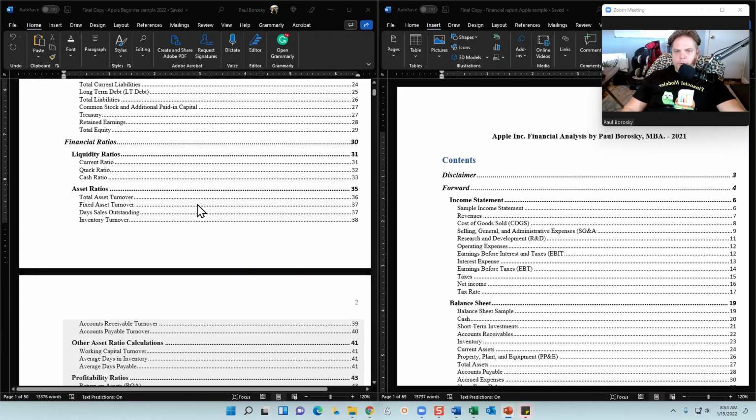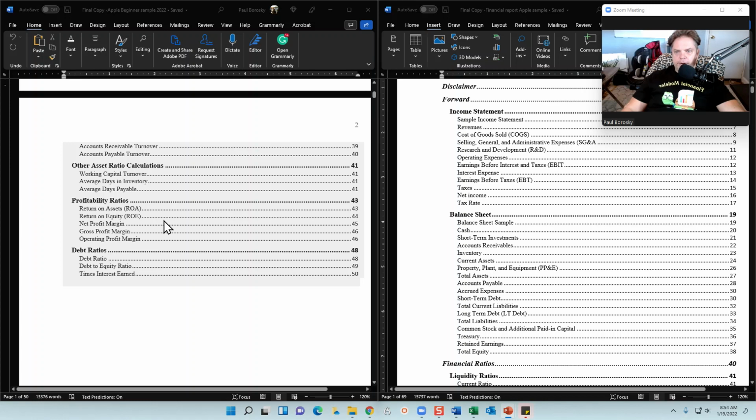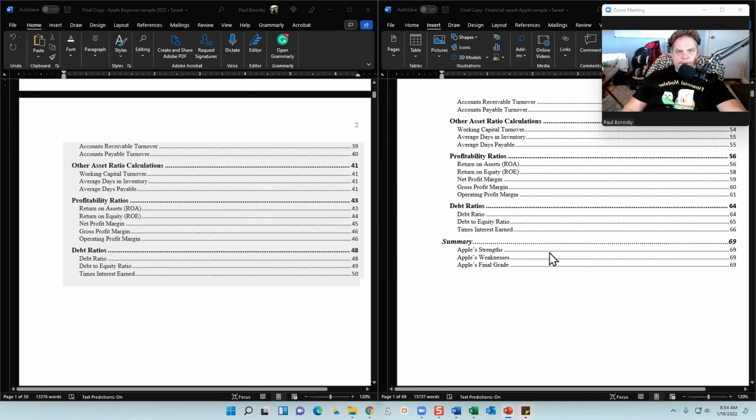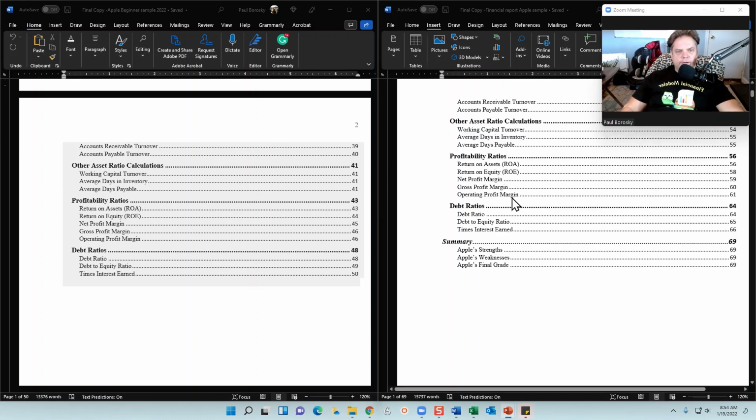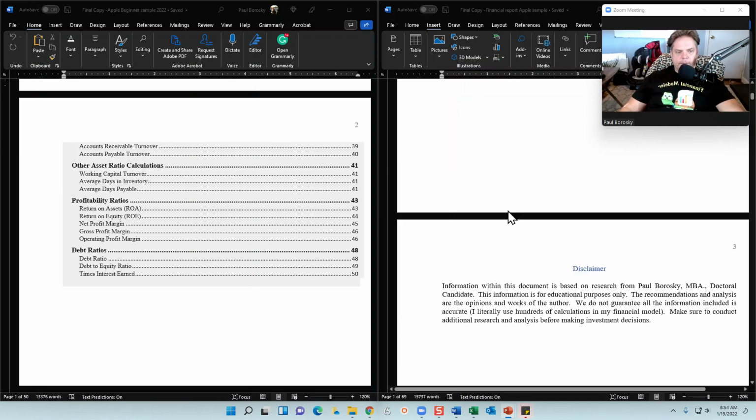For example, we've got about 50 pages in the beginner's guide, whereas this example has about 69 or 70 pages. The document on my website is going to be a little different from what I'm showing you right here, because this is an example.